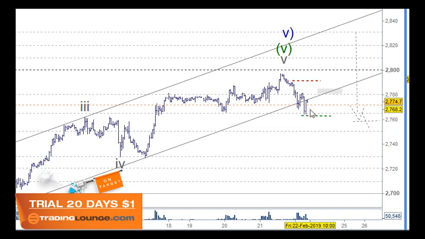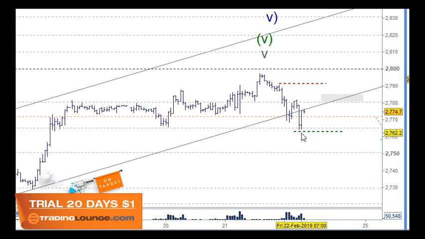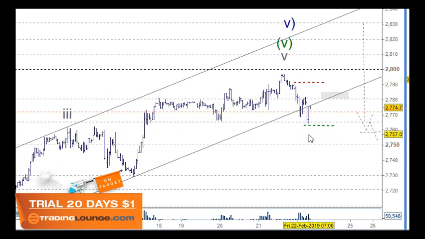This market finding resistance at the 72, the 2772, or the 2765 would do the trick. At the moment it's on this low area through here, so we will look to short this low here. So that'll just give you a bit of an idea of what's going on here.